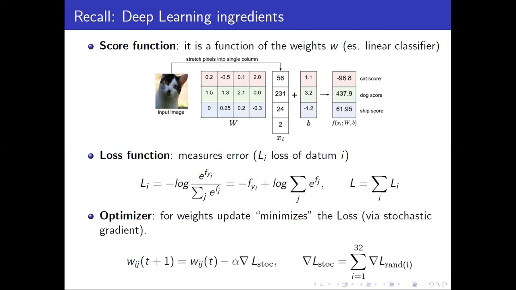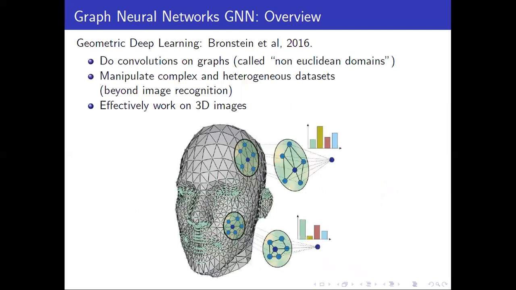So what I'm trying to say is that deep learning is an algorithm where you have a certain thing going on: score, loss, optimizer, and so on. Those are the same. The thing that changes is how to compute the score. That's the thing, how to get the score. No easy fact.